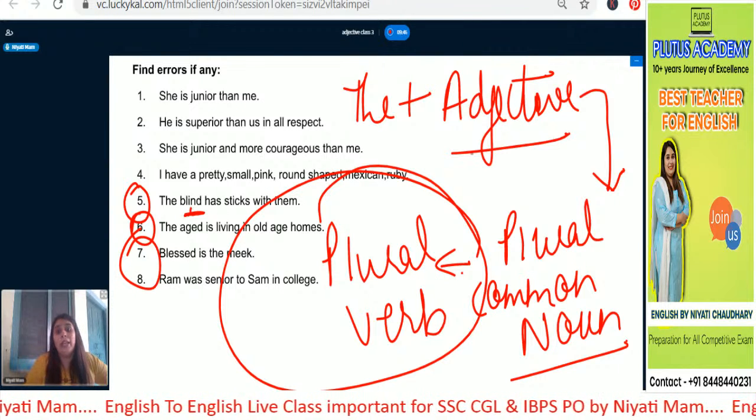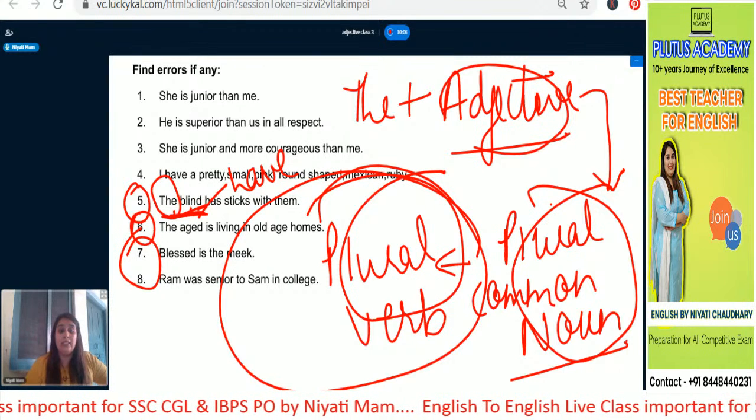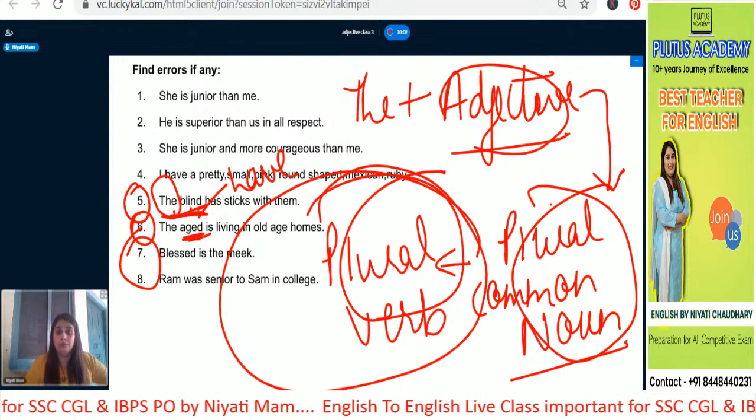Blind is the same thing. The same thing is happening in the next sentence. Aged is what?